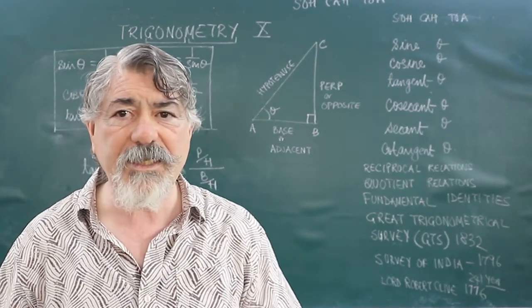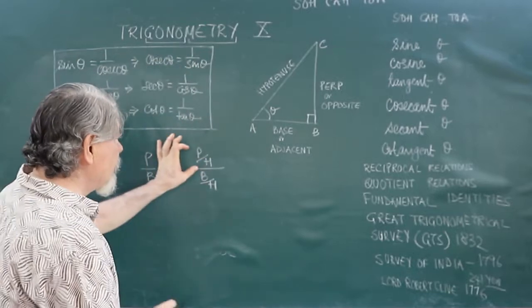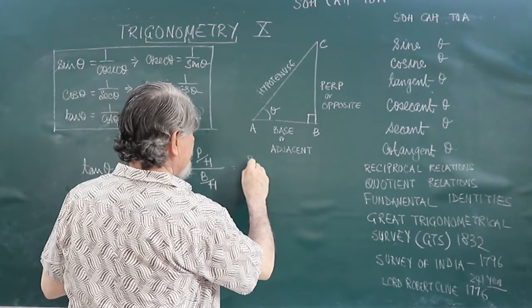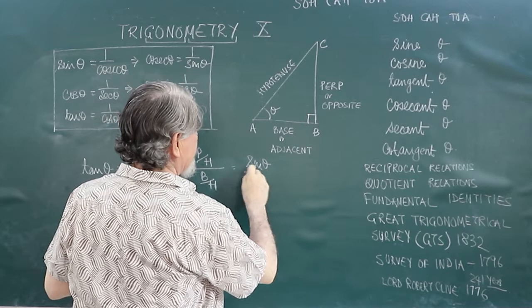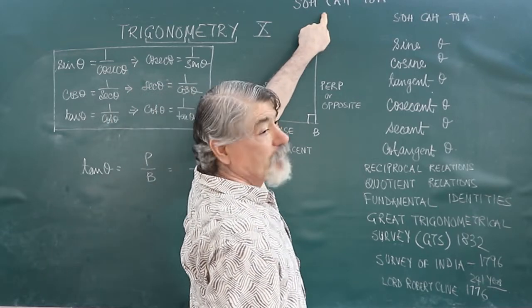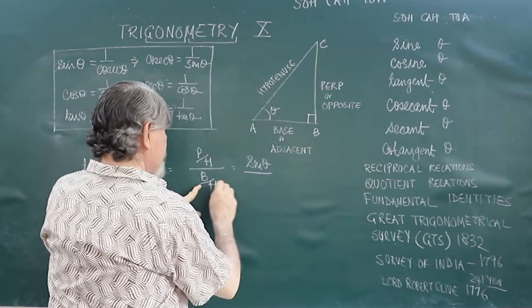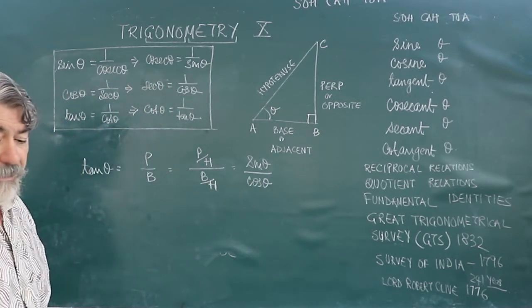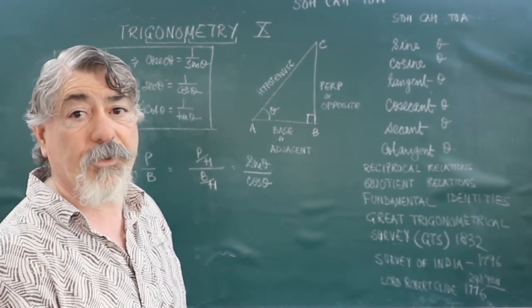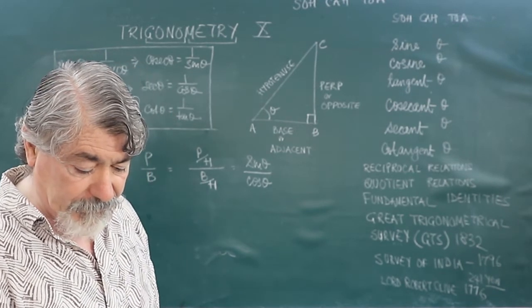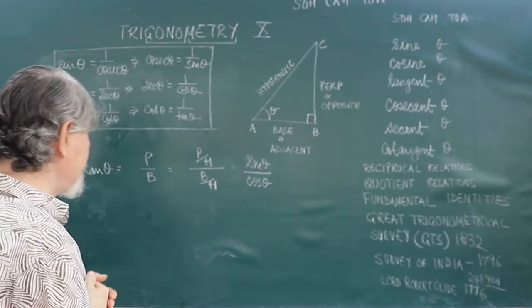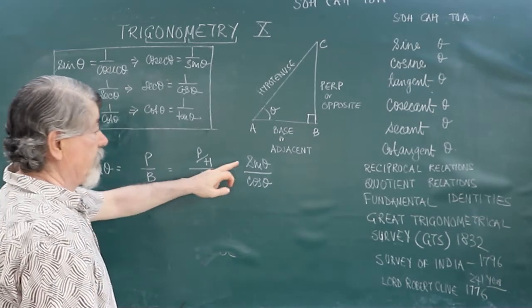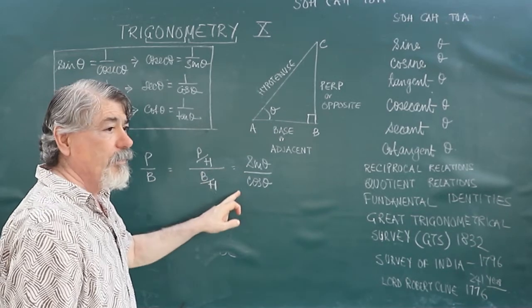Now perpendicular upon hypotenuse is sine theta, and base upon hypotenuse is cos theta. So tan theta is always written as sine theta upon cos theta.